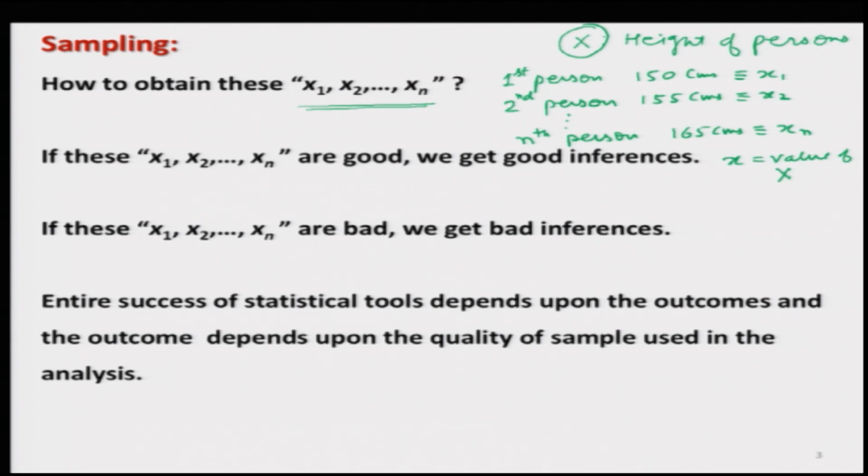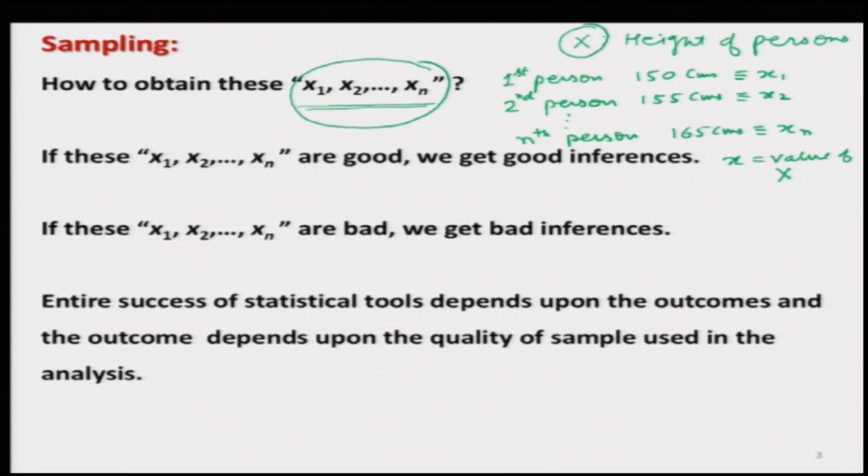So obviously, once you obtain this x1, x2, xn, this is your sample. After that, you will not look back into your population. You have only these n observations in your hand, and based on that you will try to conduct all your statistical analysis. You will try to choose a good statistical tool, and take correct statistical inferences out of that.